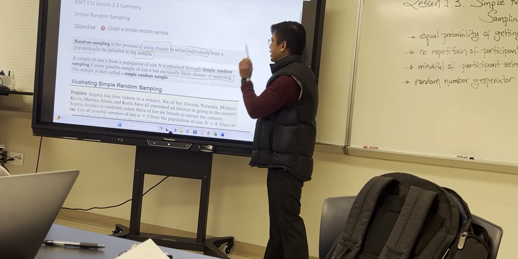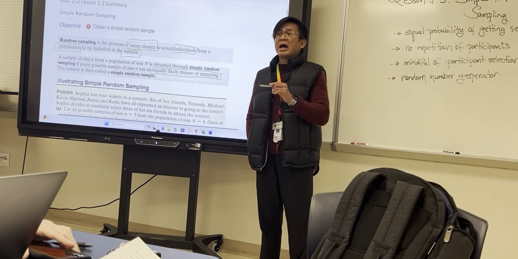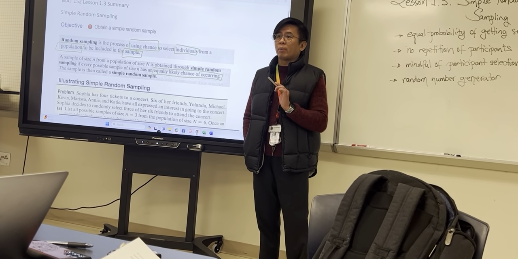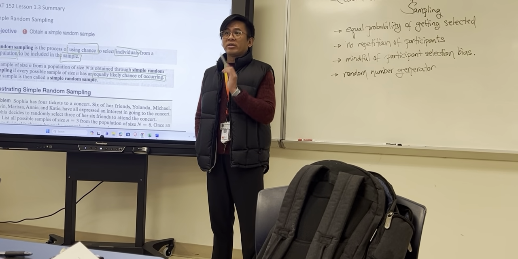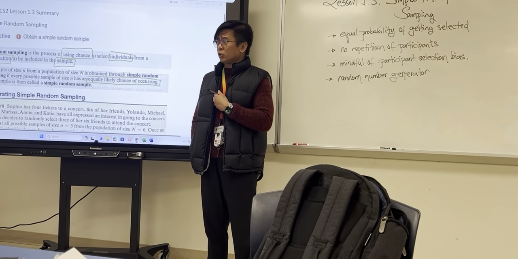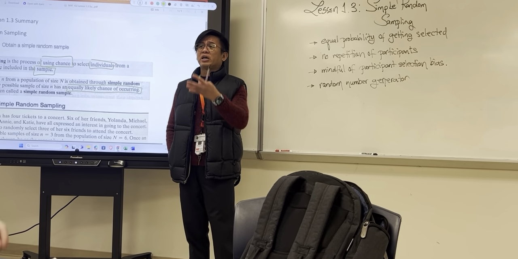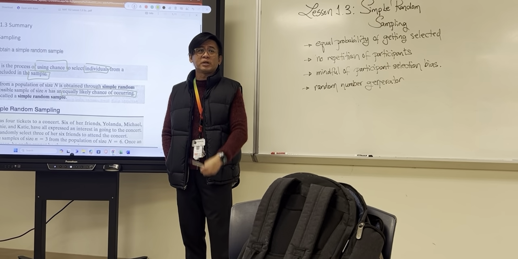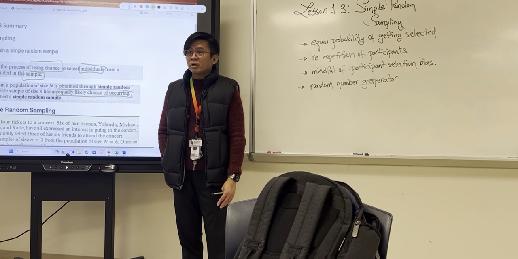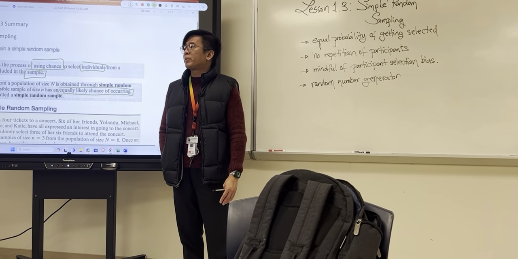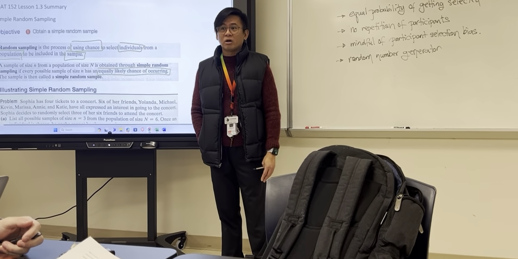So again, that's the key word in there. All members of the population have an equal chance or equal probability to be chosen as a participant for the said study. But again, due to ethics of research, definitely it's on the decision of the possible participants if they are willing to volunteer to participate in the study, or if they would refuse to be a part of the study as well.